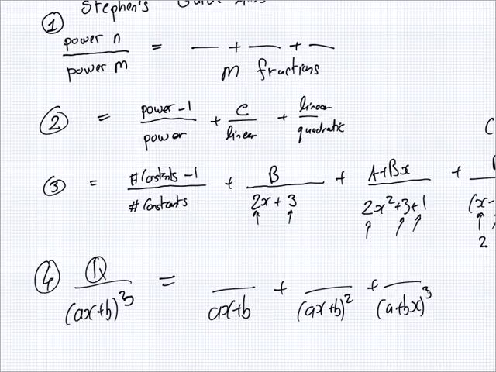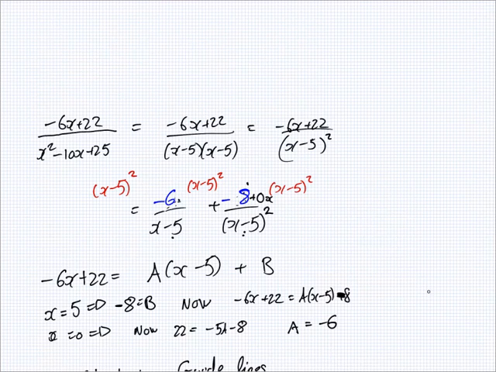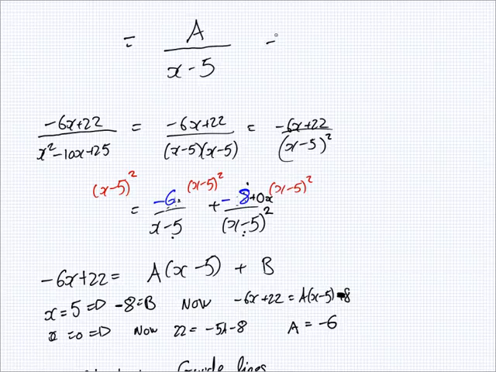Or actually, let me go back to the last example for a moment. Can I go back up for a moment? So here, in this example, I said a over x minus 5 plus b over x minus 5. Let's have a look at that again. X minus 5, we said a. How many constants are here?